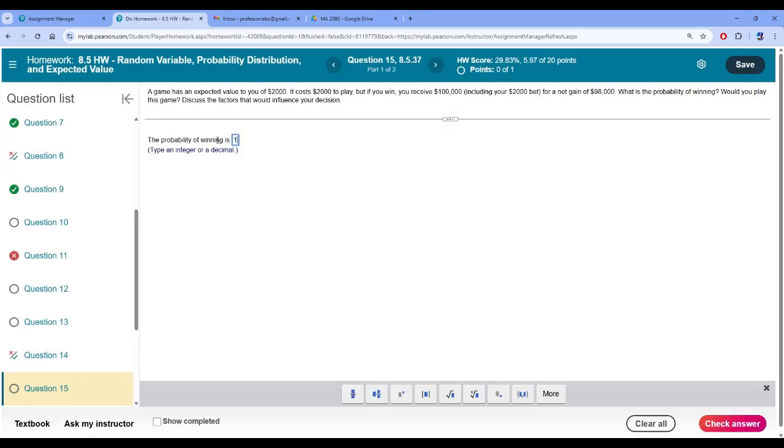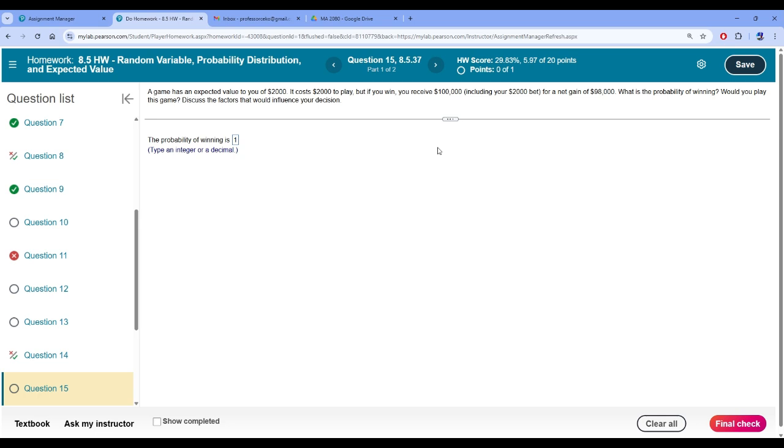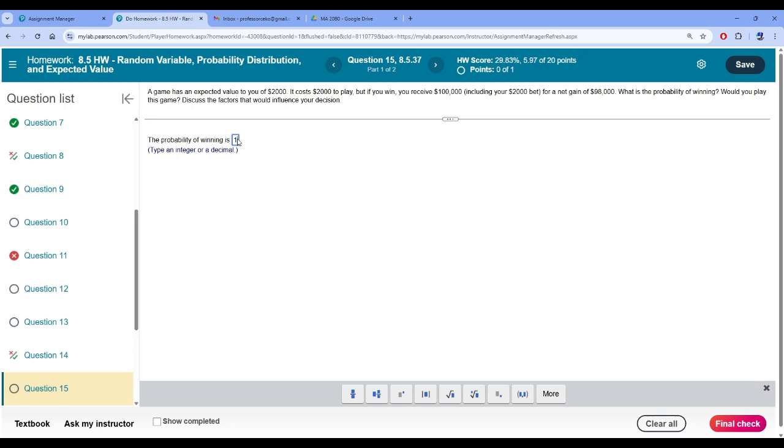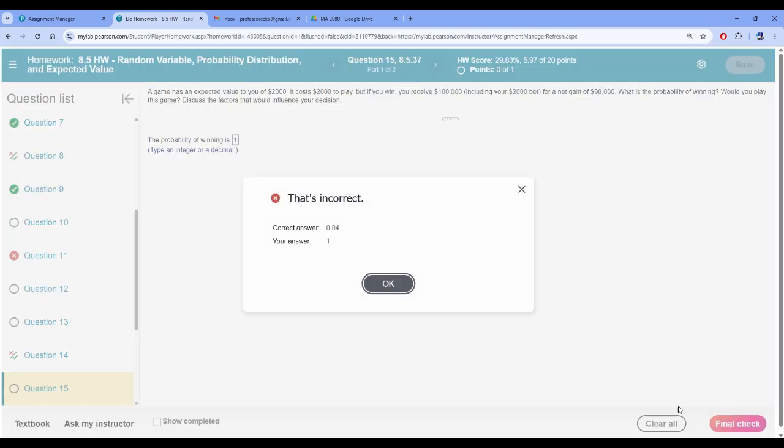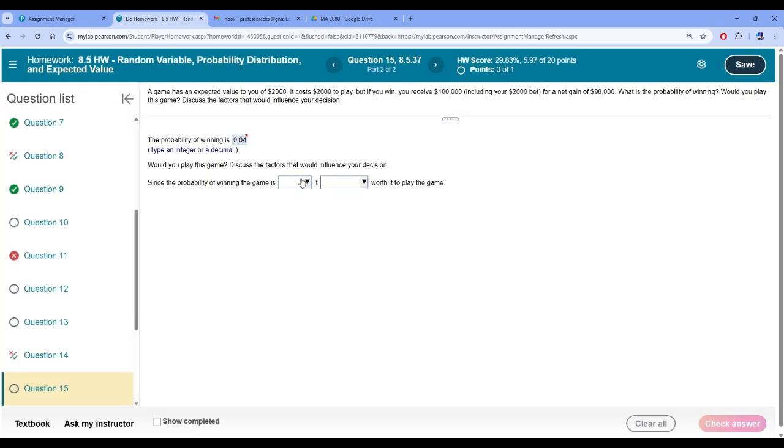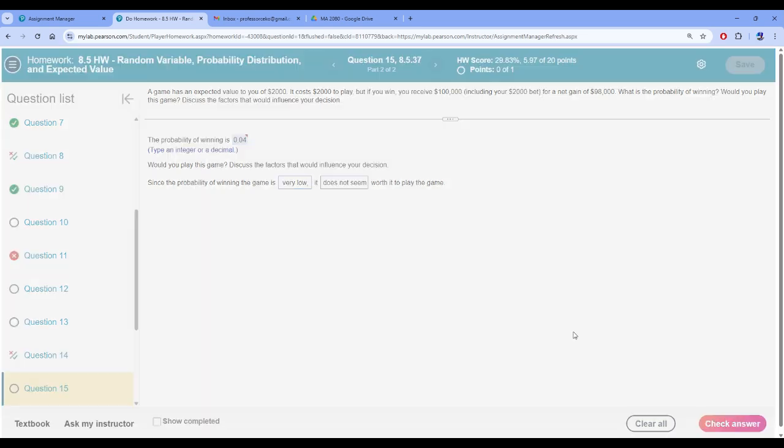No, it's... Why is it 0.04? I mean, that just makes sense, but I don't know how they got 0.04. 2,000 out of 100? I'm not sure.